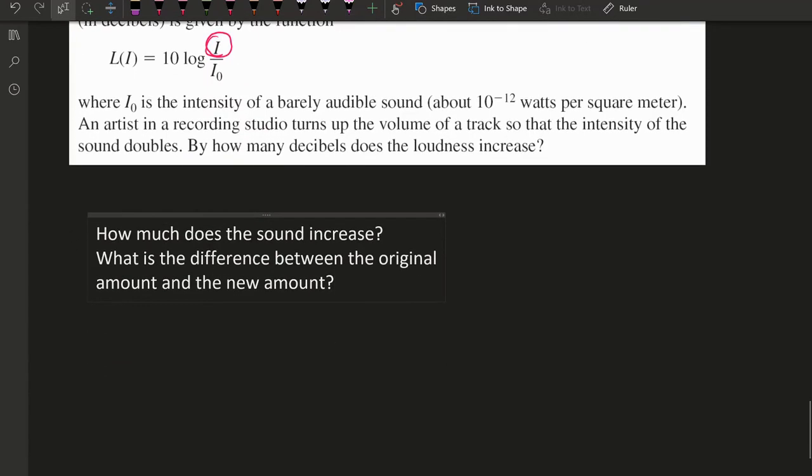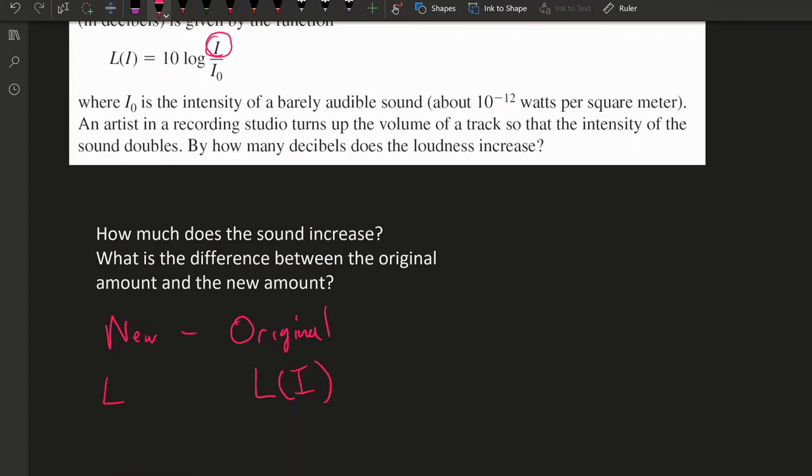So in this case, I would take the new amount and I would subtract the original amount. Well, the original amount was L of I, but the new amount is L of 2I. I have doubled the intensity, so I'm just going to subtract that.